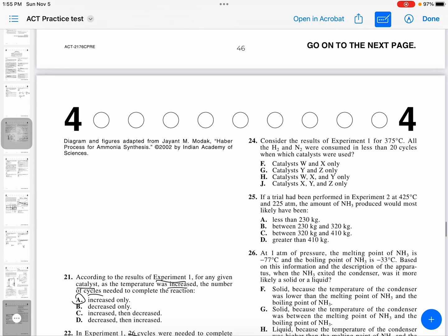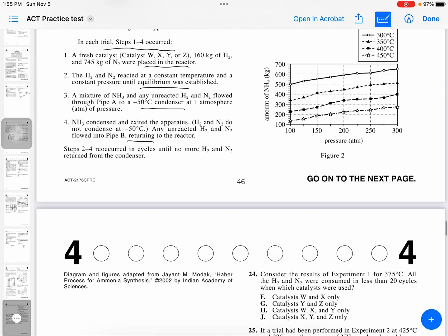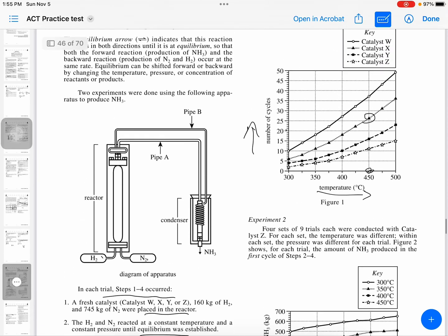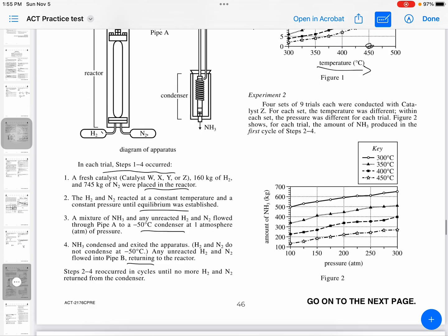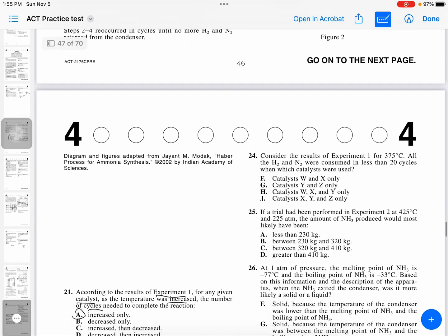Okay. Consider experiment 1 for 375 degrees. All H2 and N2 are consumed in less than 20 cycles when which catalyst? So all less than. That's only going to be catalyst Z, right?